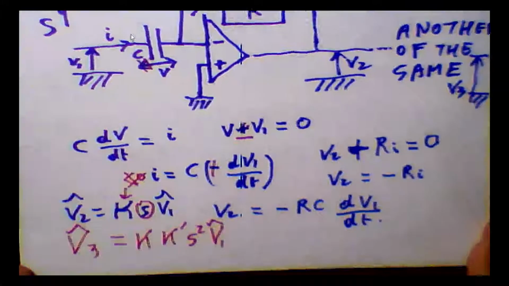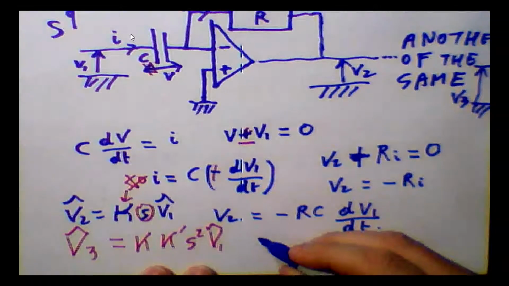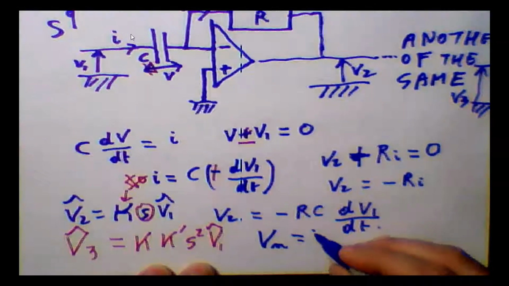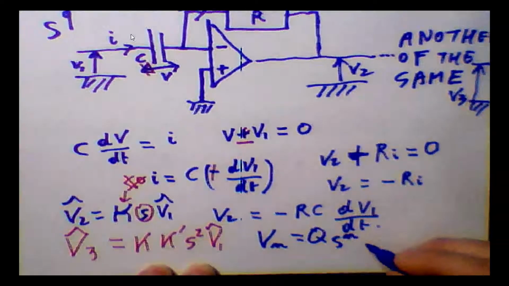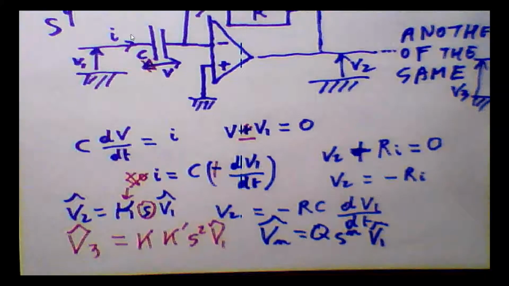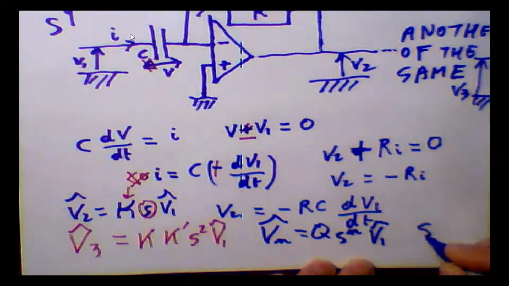Now what that means is that we can realize a double derivative. And by the same token, you can extrapolate and say that we can realize Vn equal to some number q times s to the power n times V1. Therefore, we can make a realization of arbitrary derivatives.